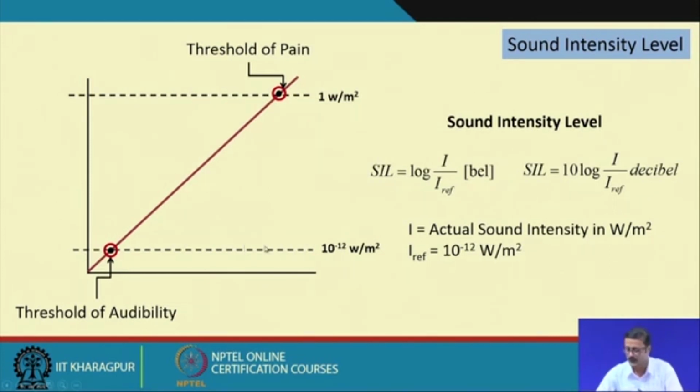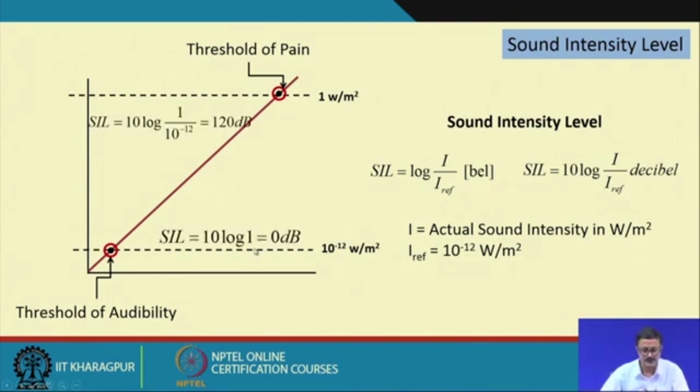Now, if the sound intensity is 10 to the power minus 12 itself, then this ratio becomes 1 and log 1 becomes 0. So, at the threshold of audibility it is 0 decibel.